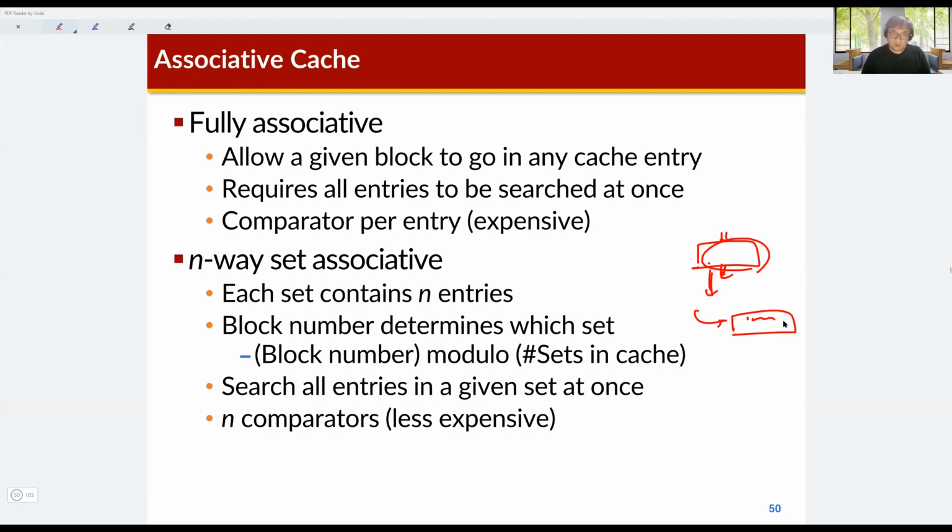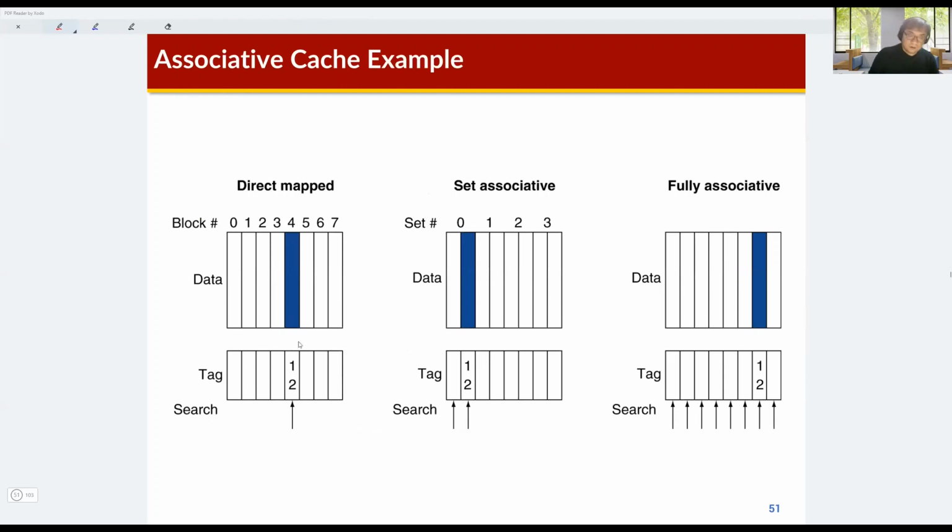And then what is the disadvantage of direct mapped cache? If the cache index is the same, then this cache index can only store one cache block. What does that mean?